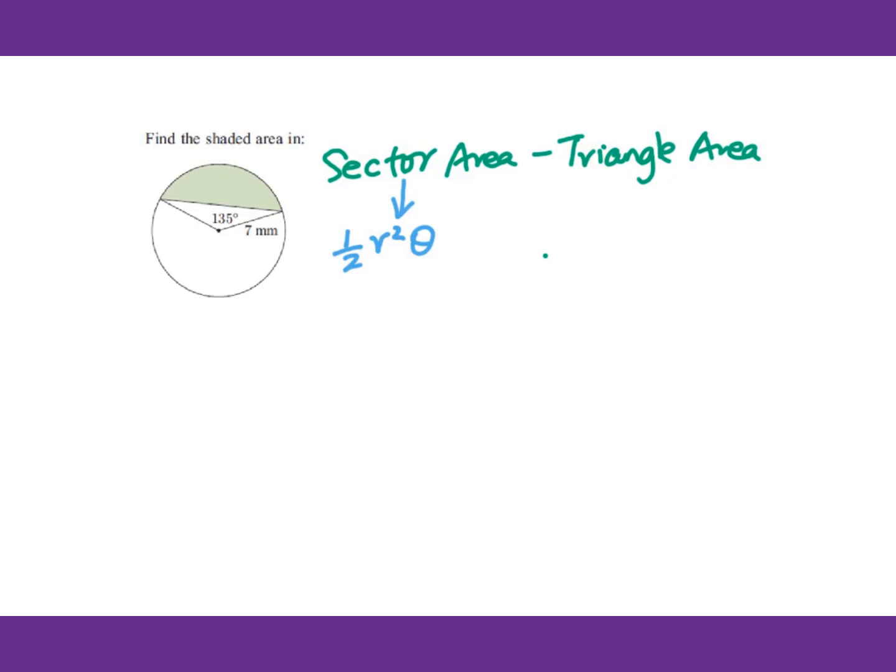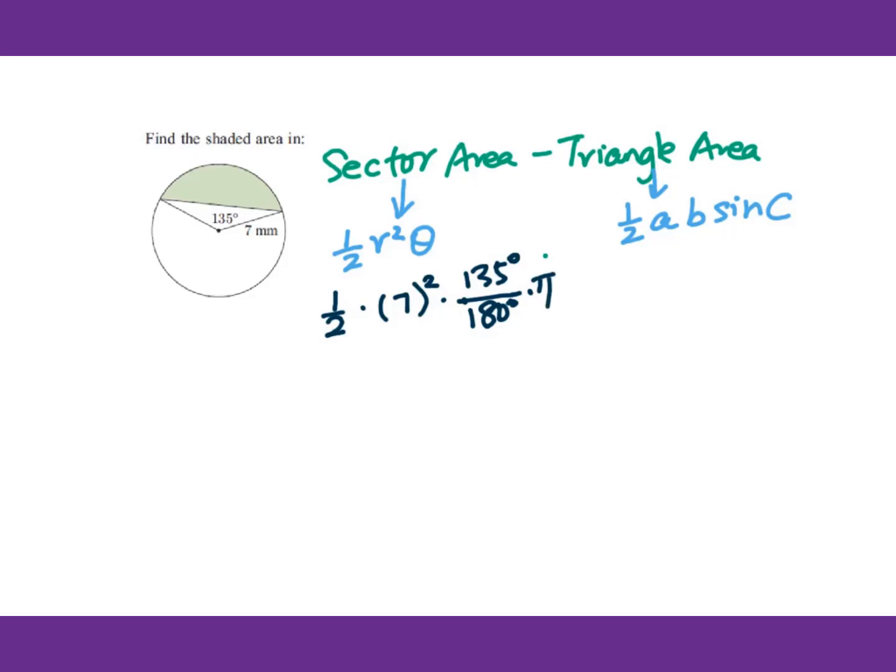Remember, this theta is in radians. For triangle area, we use 1/2 AB sin C to figure it out. For sector area, we plug in 1/2 times 7 squared times. You need to change 135 degrees into radians. Therefore, we do 135 degrees over 180 times pi.